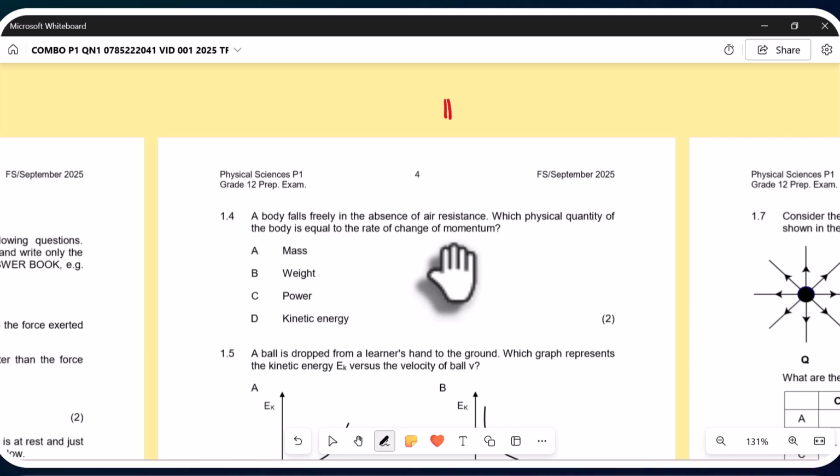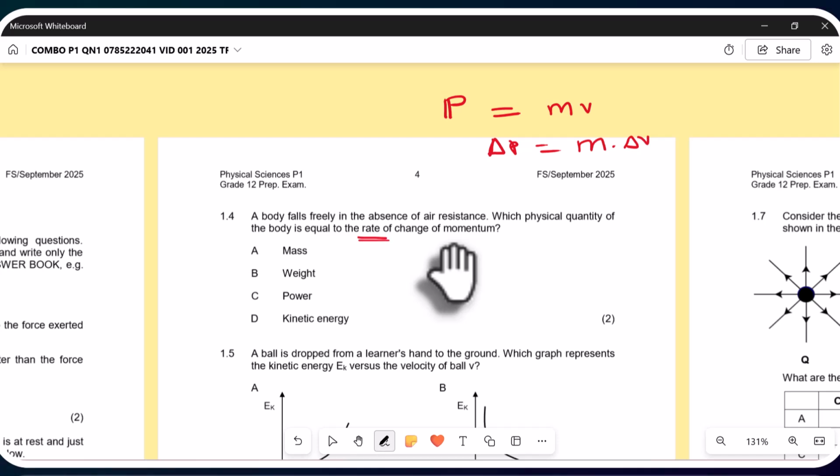1.5. Here they said that a ball is dropped from a learner's hand to the ground. Which graph represents the kinetic energy versus velocity of the ball? Now, when the ball is being dropped from the learner's hand to the ground, it's going to accelerate downwards by g.